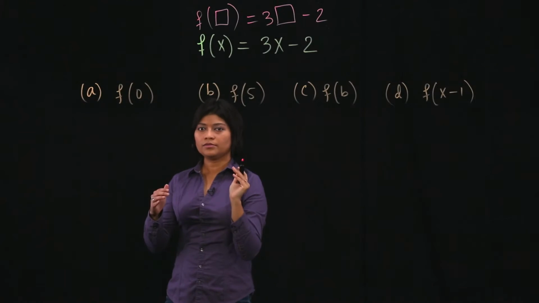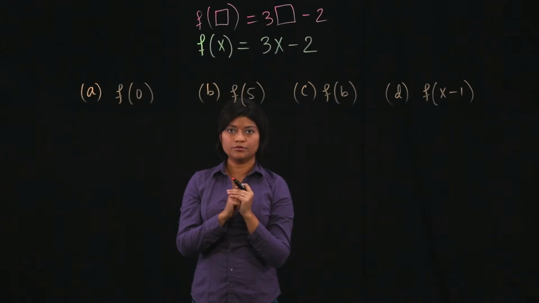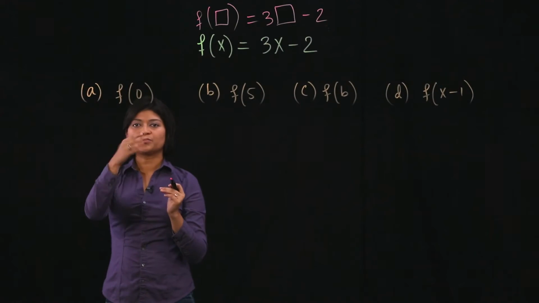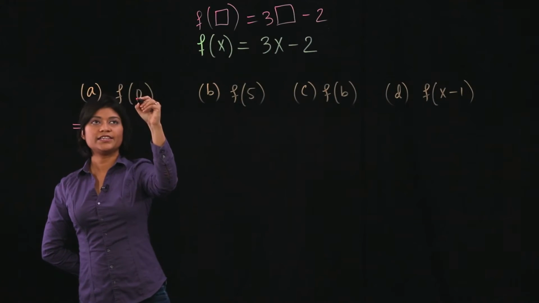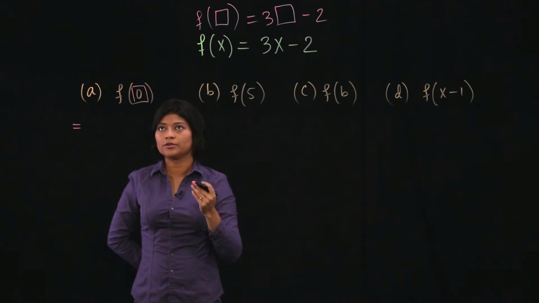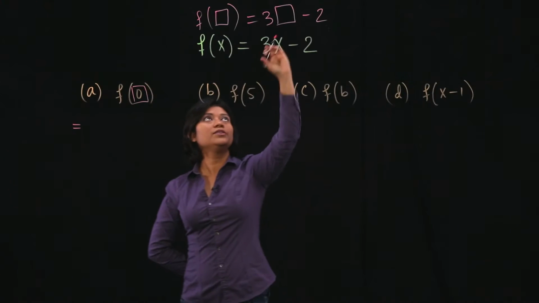Okay? So let's use that approach and figure out what the output will be when you plug in certain x values. So the first one is f of 0. Consider this 0 is inside this box now. It's not empty anymore. So what you do, you take the right hand side and plug in that value inside the box.